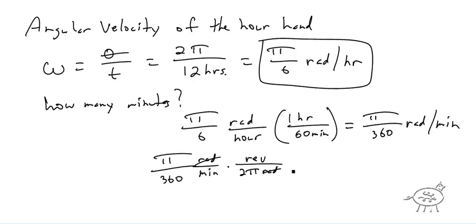So the radians cancel, and we have revolutions per minute. Of course, the pi is going to cancel, and we have 1 over 720 revolutions per minute. Okay, that's really, really slow. Every minute's going to go 1/720th of a revolution.